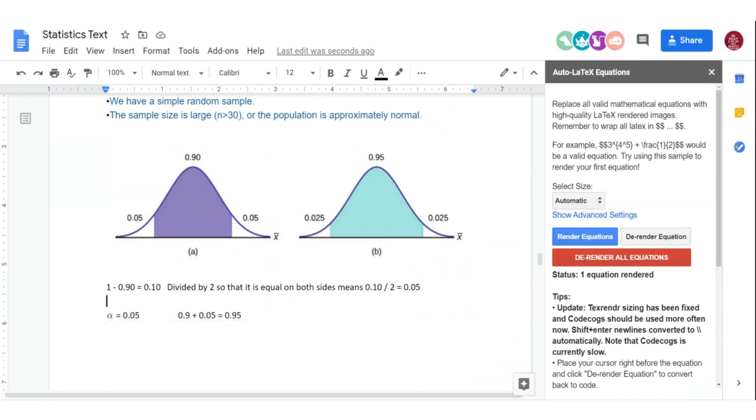Okay, so there's your little alpha thing, and then this is alpha over 2. And this is going to magically turn into what we need.